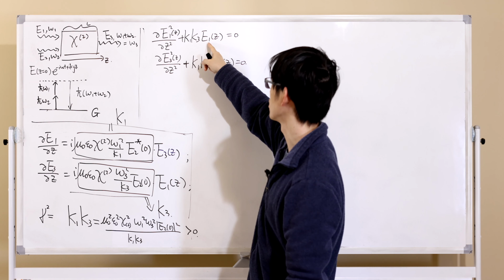So K3, K1, this term cancels each other. So omega 3 squared divided by K3, and then it's K1 omega 1 squared. And then you have E2.